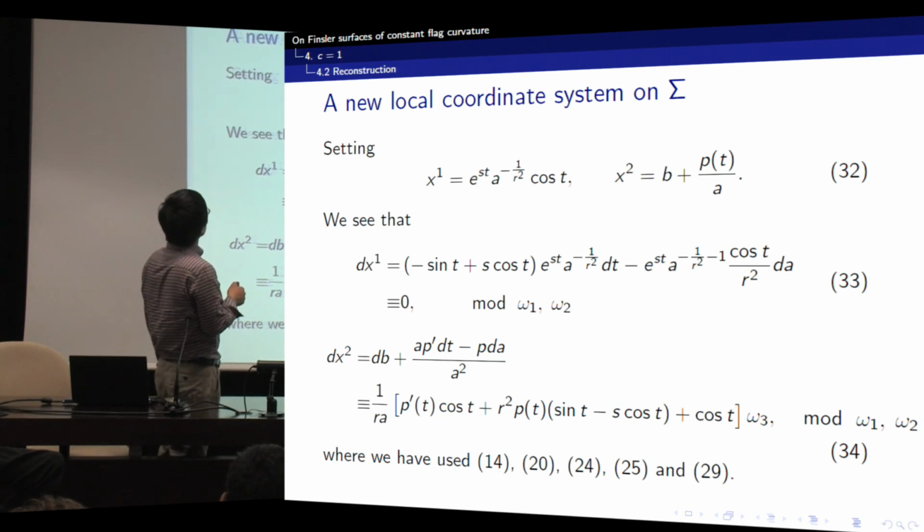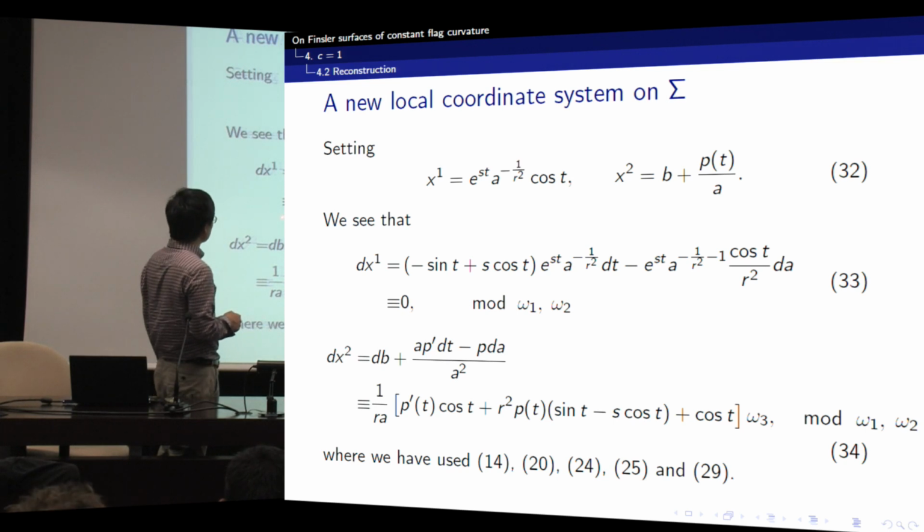Now we discuss the new local coordinate system on the unit tangent bundle. Setting x1 is this one and x2 is this one. Here A, B are constants. We see that dx1 satisfies this formula, and dx2 satisfies this formula.